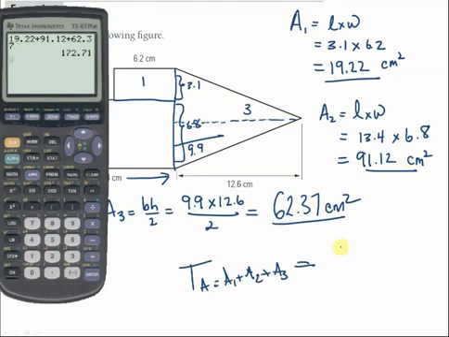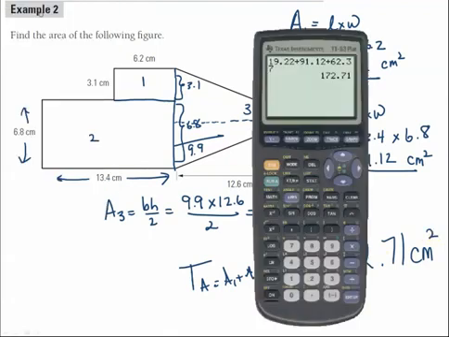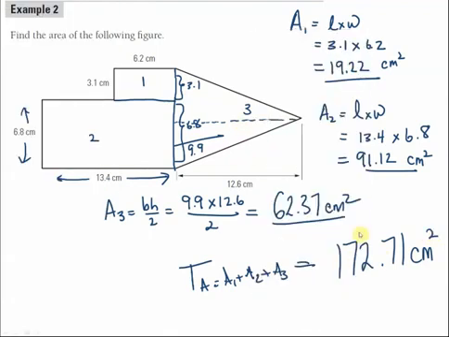And our total area of this shape is 172.71, and the units are all centimeters squared. What's important to note is that we leave all the precision, all the decimals until the very end, and that's when we round at that point if the question says to round to the nearest tenth or to the nearest hundredth.